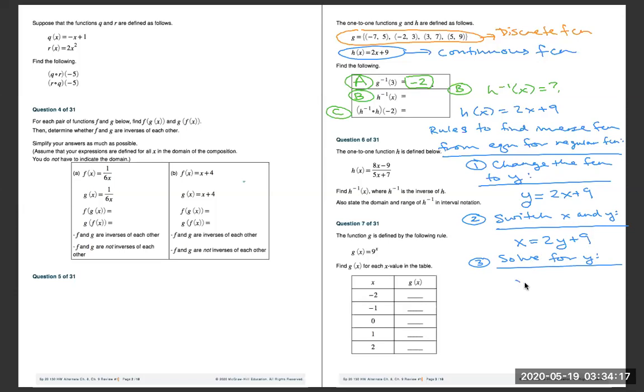So in this case, x minus 9 equals 2y. So x minus 9 divided by 2 is equal to y. Okay. So y equals x minus 9 over 2. And then the last step, change y to inverse notation. I say that because sometimes it's an f for your function, sometimes it's an h, sometimes it's g. In this case, we had h of x. So now we're going to have h inverse of x replace y.